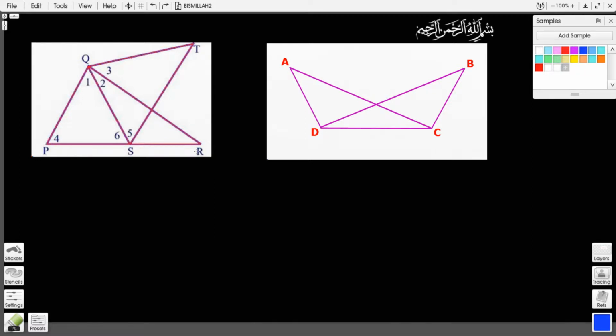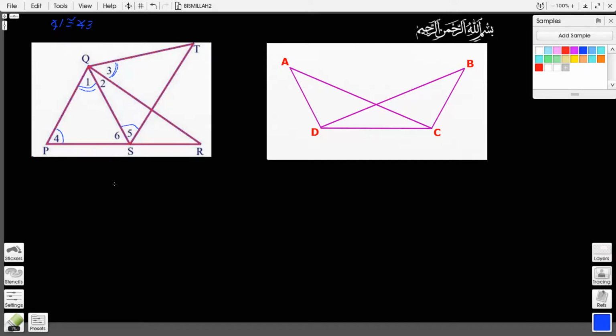Now, here we have this figure, and we are told that angle 1 is congruent to angle 3, and that angle 4 is congruent to angle 5.